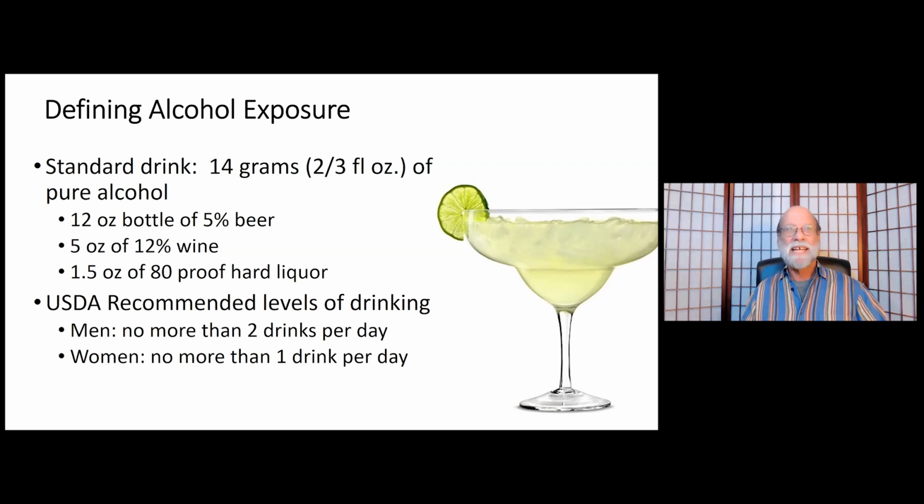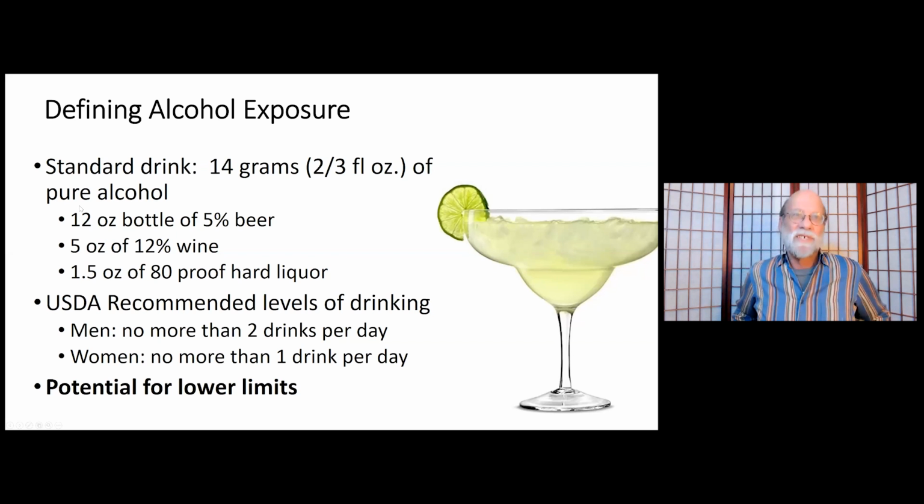And the recommendation from the US Department of Agriculture is a recommended level of drinking should be no more than 2 drinks a day for men and no more than 1 drink a day for women. There is a potential for lower recommendations. And if we look at alcohol policies around the world, what we see is gradual reduction in what's considered a safe or a non-harmful level of drinking.